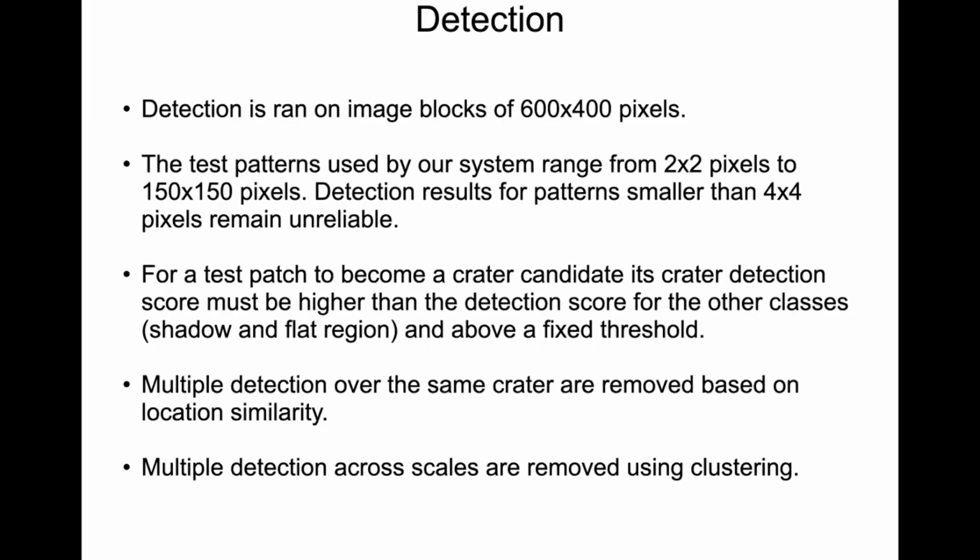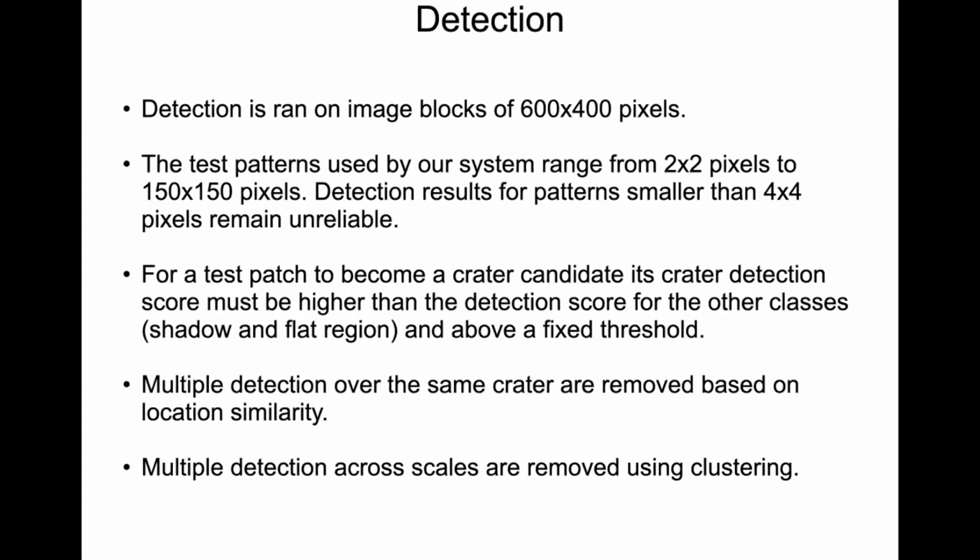For a pattern to be a potential crater, it has to have the detection value above a given threshold and also bigger than the value for the other 2 classes, for flat and shadows. We end up with, of course, a lot of false alarms.